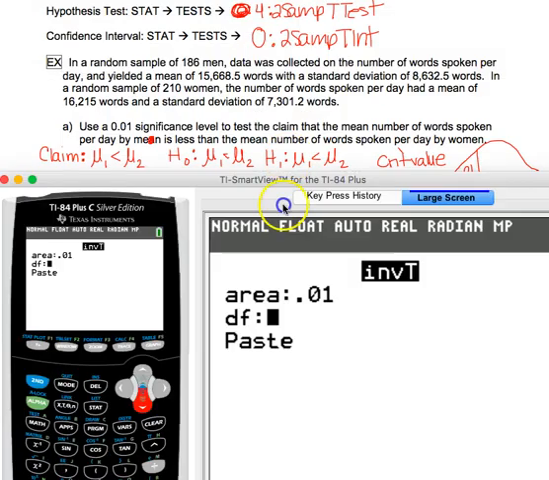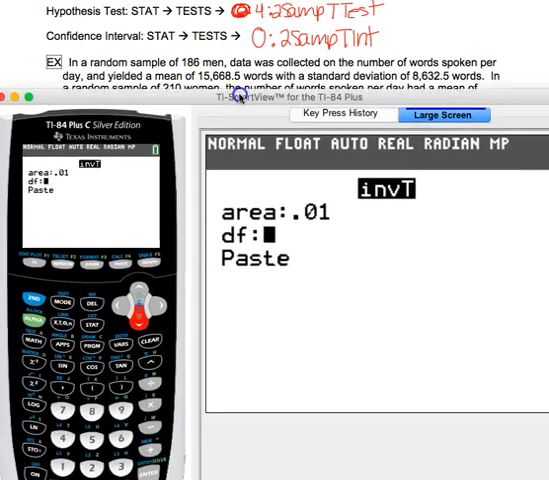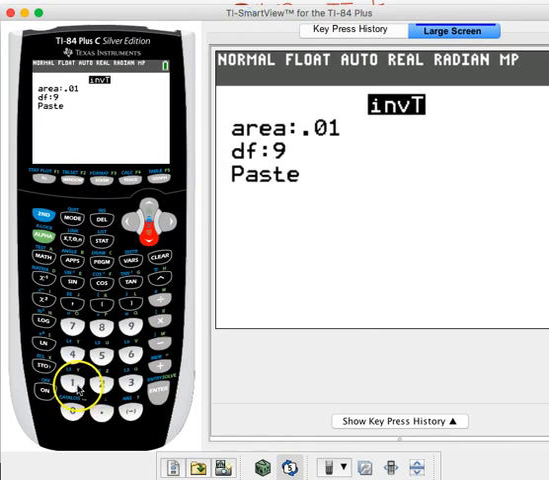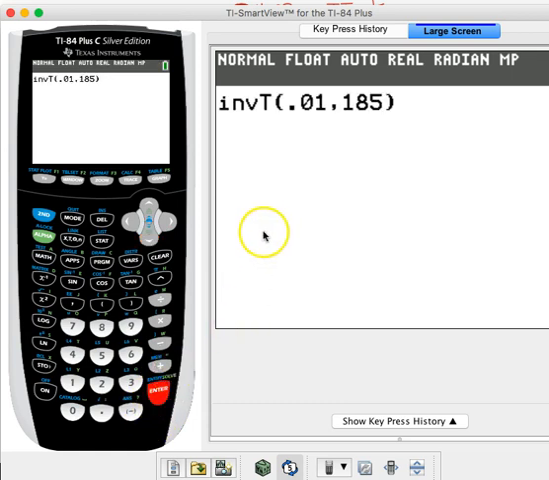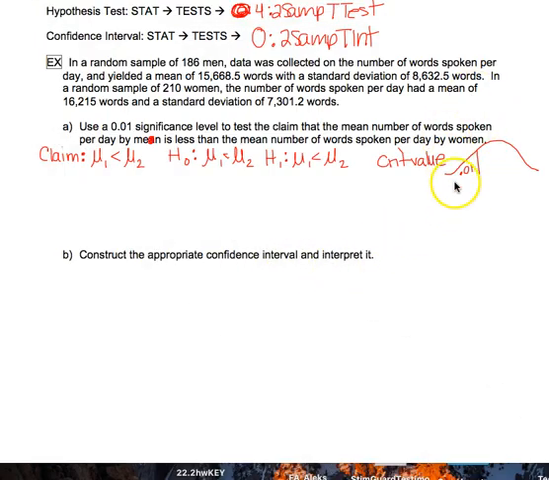So in this case, our sample sizes were 186 and 210. So 186 is smaller, so we do N1 minus 1 in this case, so 185. And then it tells us our critical value is negative 2.35. So record that here.